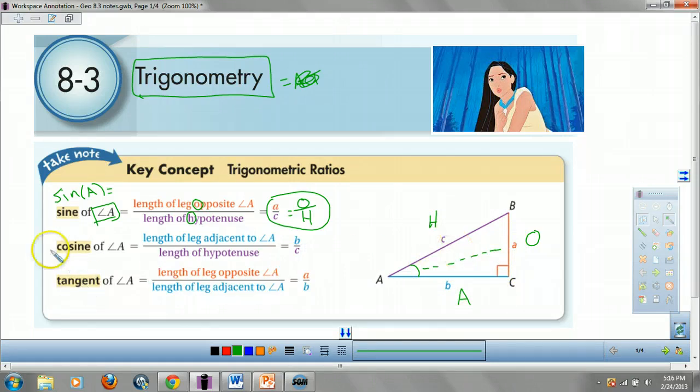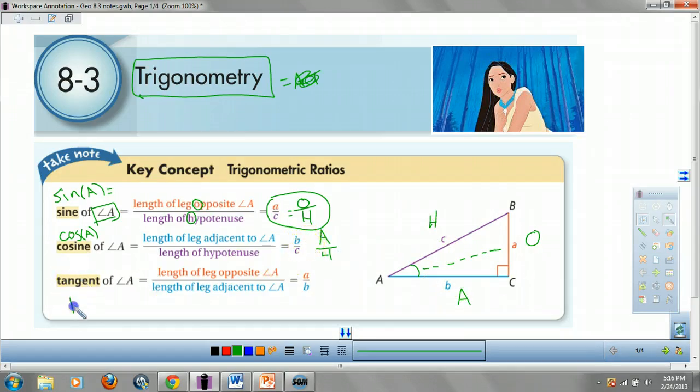So your cosine of A is your adjacent over your hypotenuse. My adjacent's here, and here's my hypotenuse.